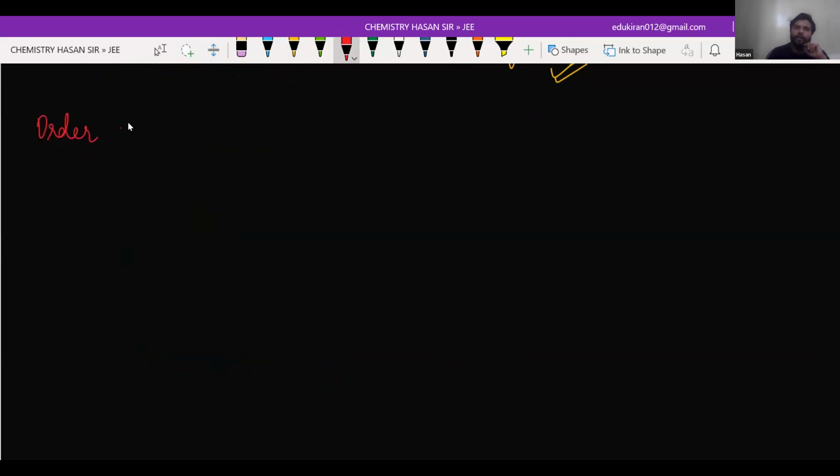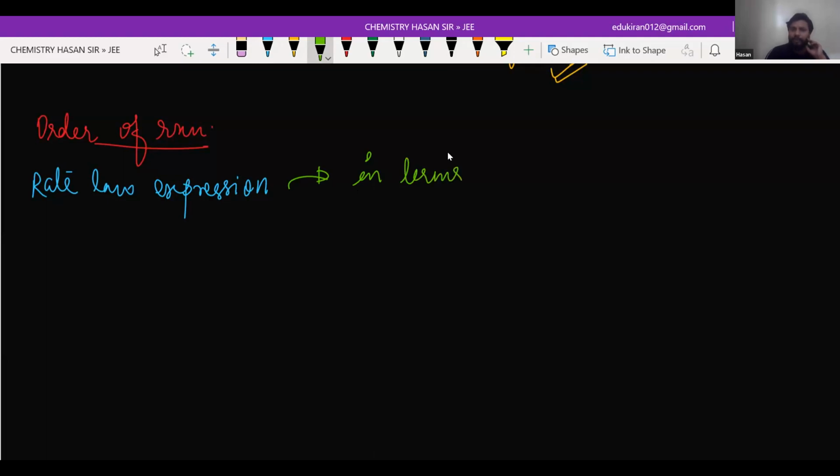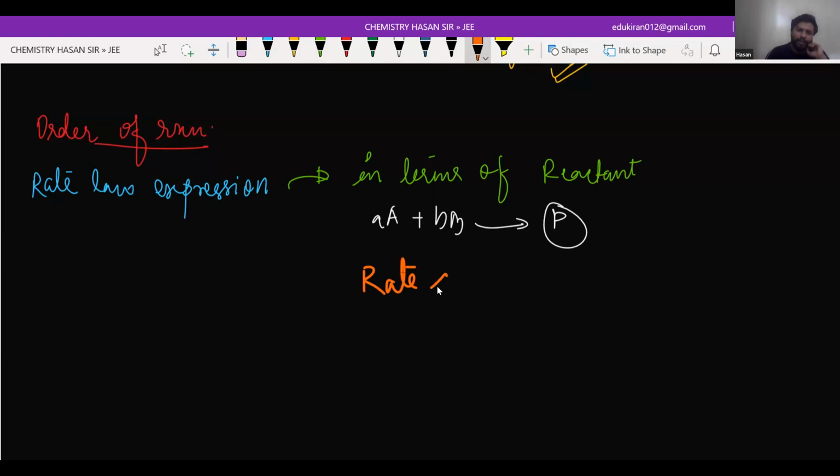Very important. Order of reaction comes from the rate law expression. What is this rate law expression? It is defined in terms of reactants, not products. If a reaction is given as aA plus bB giving product P, then rate will be directly proportional to the concentration of all the reactants, in multiplication, raised to the power something.